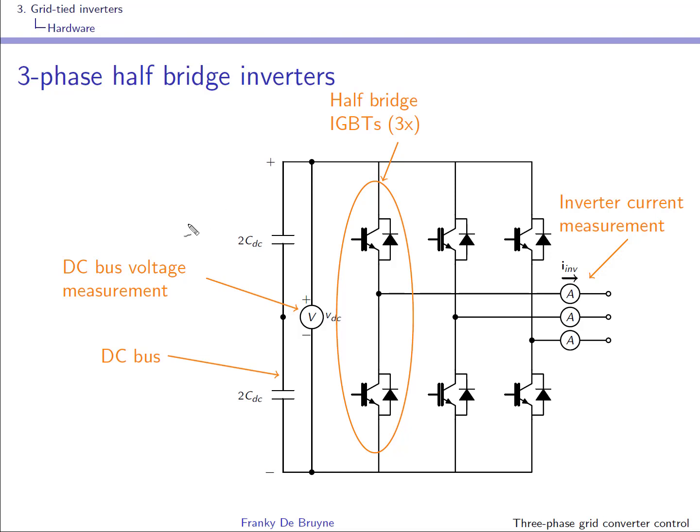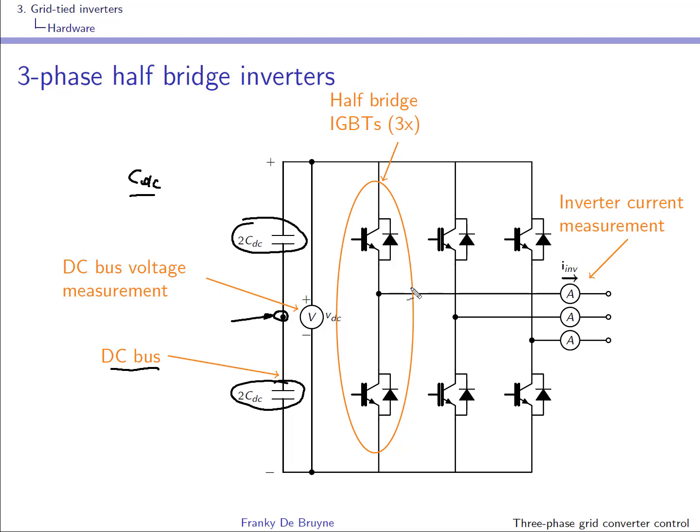The DC bus of the inverter is composed of 2 capacitors in series. The overall capacitance will be CDC, and it's constructed that way, 2 capacitors in series, so that you have access to the middle point of your DC bus, and actually the voltage at the output of the inverter for each leg will always be with respect to the middle of this DC bus.